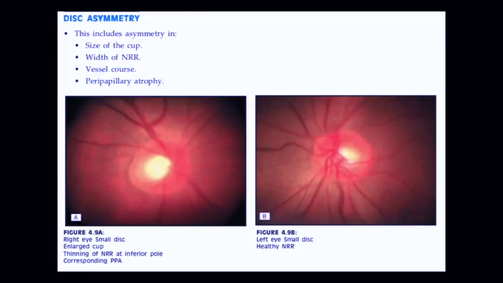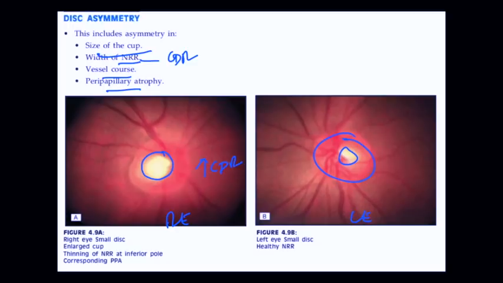So disc asymmetry is not just asymmetry of the cup disc ratio, it's also between the size of the cup, the width of the neuroretinal rim that forms the cup disc ratio, the vessel course, and peripapillary atrophy as well. In this picture, you have a right eye and a left eye. The left eye looks healthy, whereas in the right eye there's a stark difference. There is a larger cup, so the cup disc ratio is more.